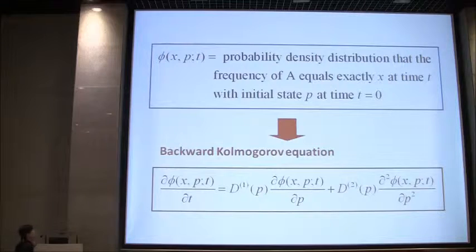Similarly, if we define the probability density distribution that the frequency of A equals exactly x at time t with initial state at time t equals 0, we get the backward equation.